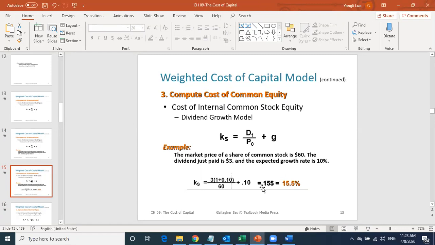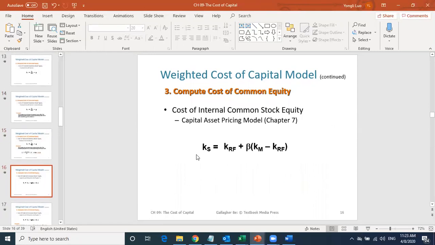You can also use the capital asset pricing model, which we just talked about in chapter 7. This is the risk-free rate, this is the beta, and this is the return on market.